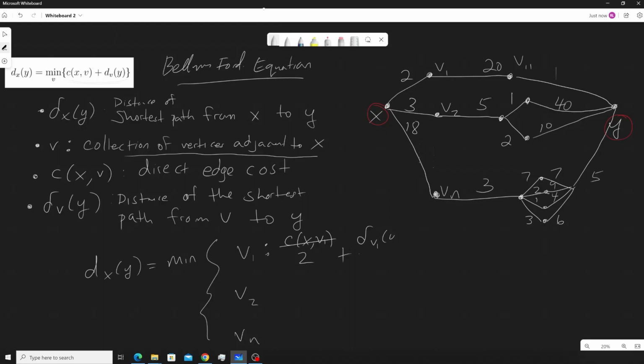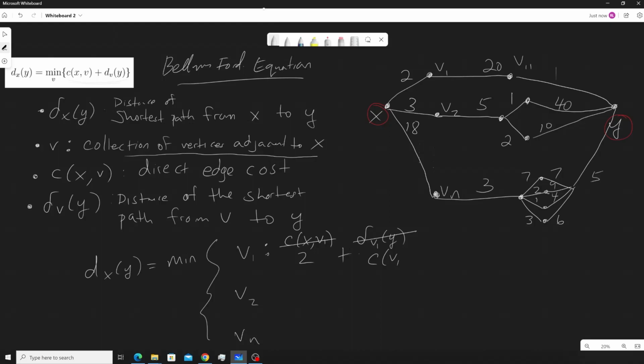That is composed of two components, c of v1 comma v11 plus d of v11 y, where v11 is the next step over.